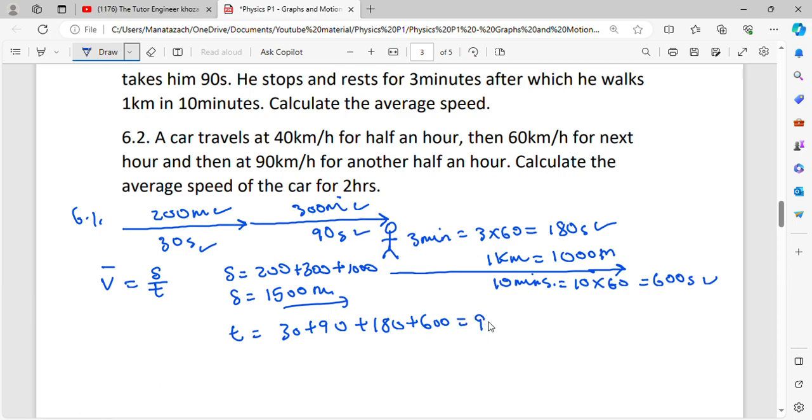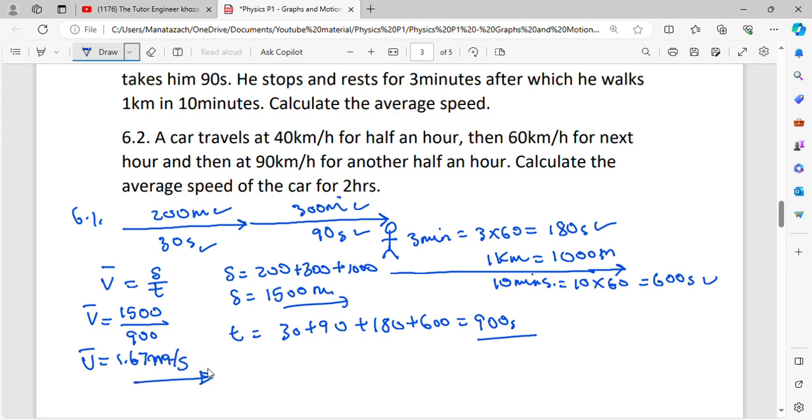It's 900 seconds. So now we can easily calculate the average speed as 1500 meters divided by 900 seconds, which will give us 1.67 meters per second.